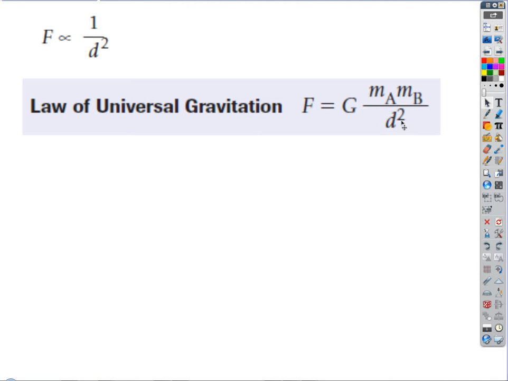It goes down by a factor of 4, which is 2 squared. So gravity, not only is it very weak, it gets weak fast too.